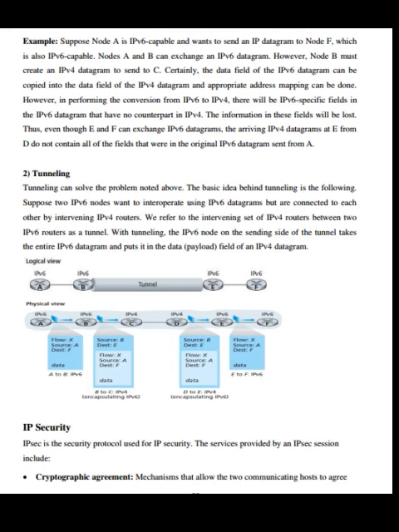We refer to the intervening set of IPv4 routers between the two IPv6 routers as a tunnel. With tunneling, the IPv6 node on the sending side of the tunnel takes the entire IPv6 datagram and puts it in the data payload field of an IPv4 datagram. See the figure.